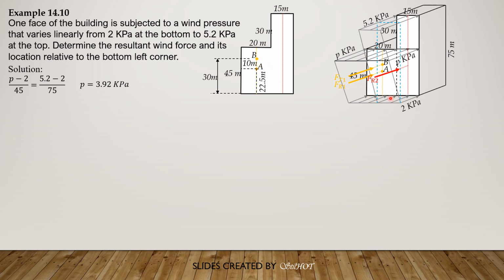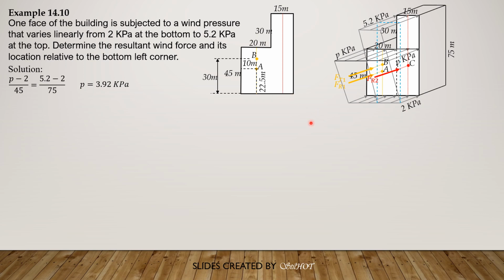Then for F rectangle 2, for this rectangular area here where the pressure is 2 kilopascals uniform, it is acting on this line, and it is 27.5 from the bottom left corner because this is already 20 plus 15 over 2, and above, because the height is 45 plus 30, 75, so 37.5 meters above the bottom.